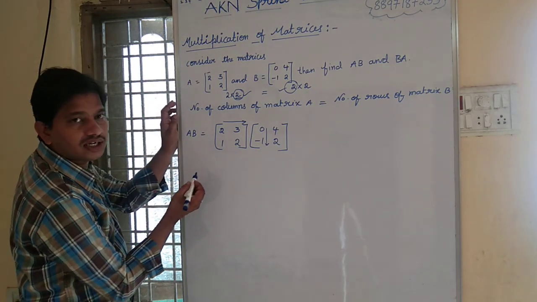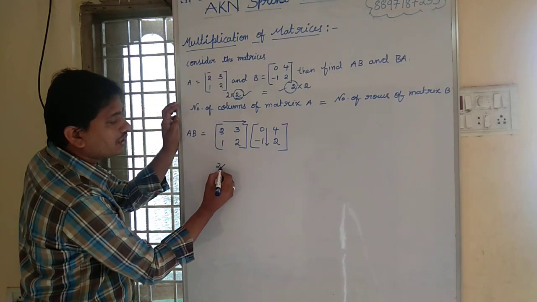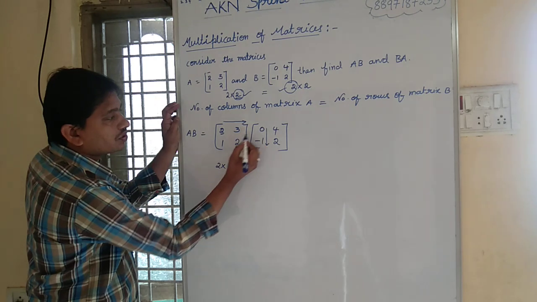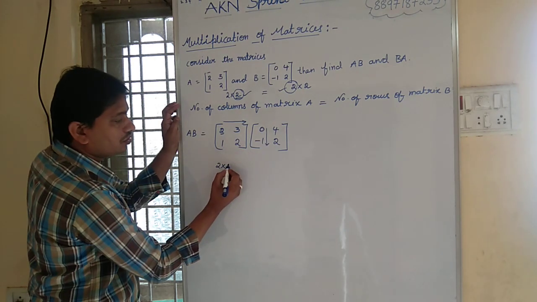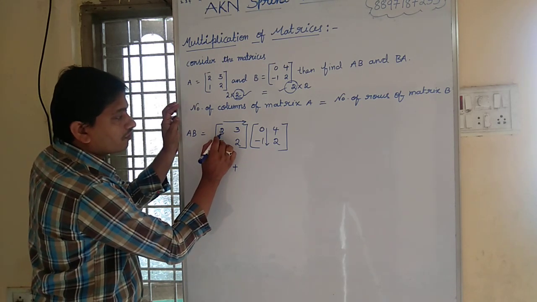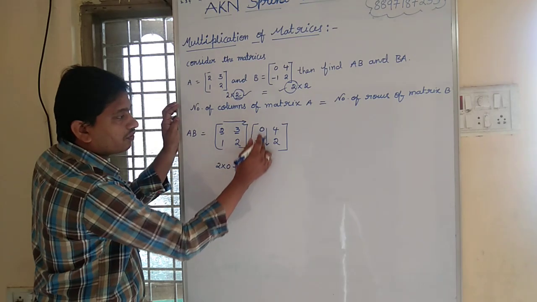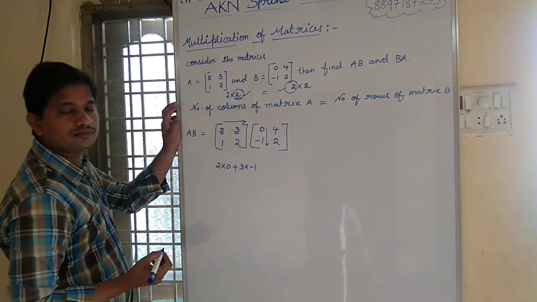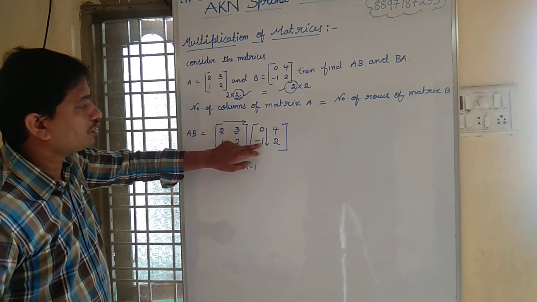So listen carefully. First row, first element, into first column, first element: 2 into 0, plus first row, second element into first column, second element. So 2 into 0 plus 3 into minus 1.